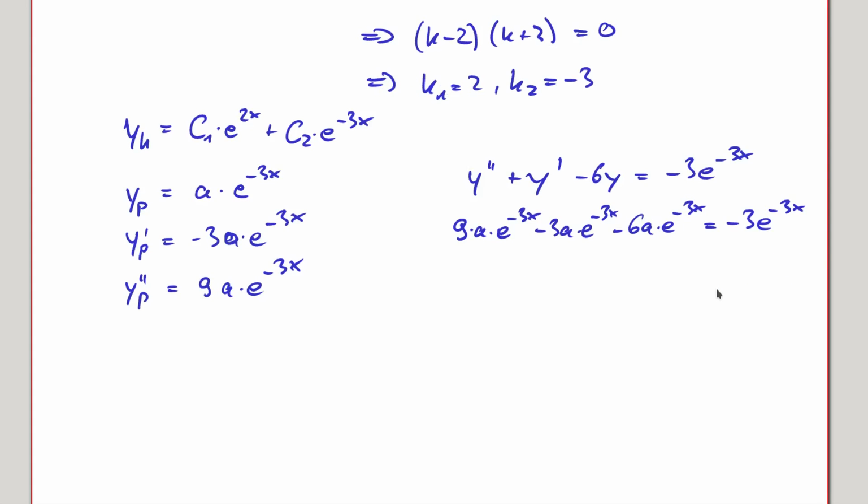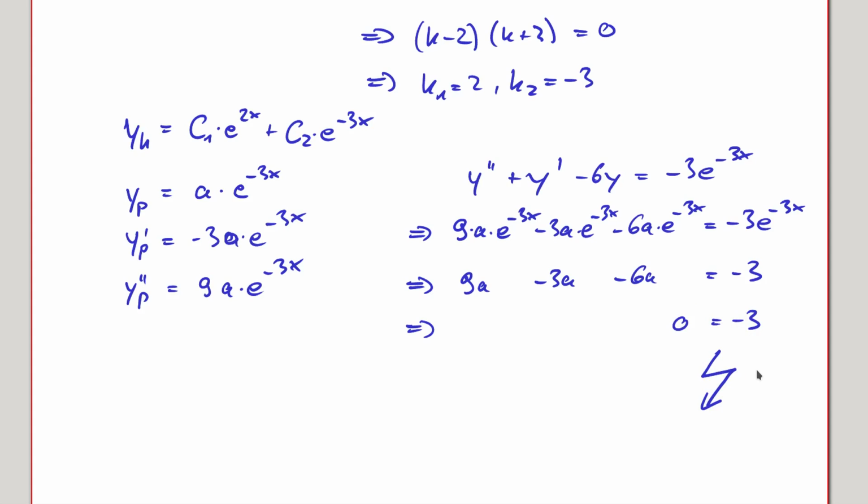We can cancel e to the power of minus 3x, because it is never 0 and appears as a factor in all terms. So this boils down to 9a minus 3a minus 6a, and this must be minus 3. This simplifies to 0 must be minus 3, and this is a contradiction.